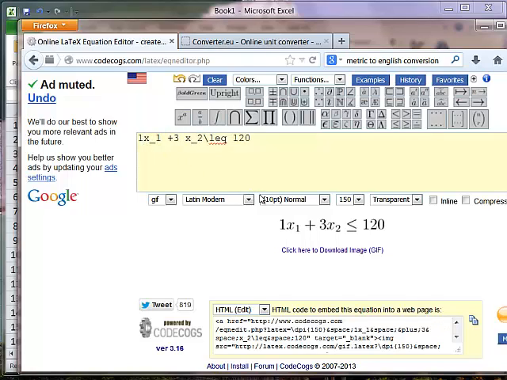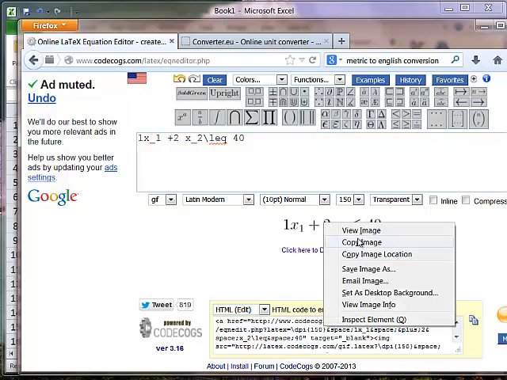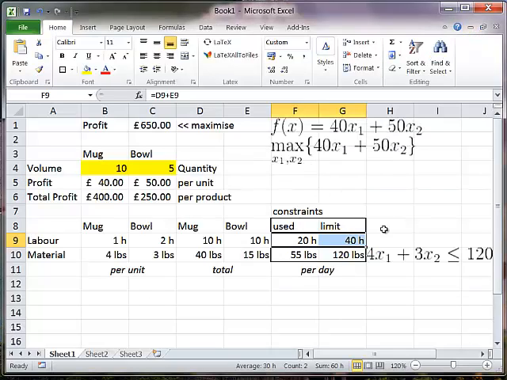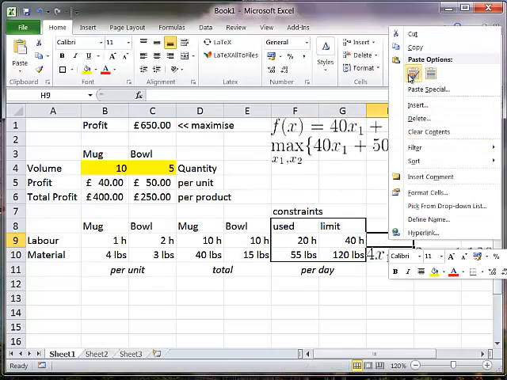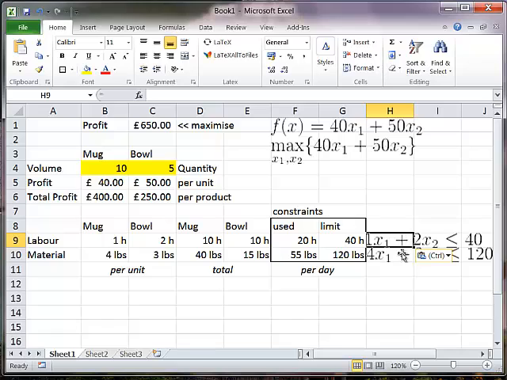So it takes 1 hour for 1 mug and 2 hours for the bowls, and we have got 40 hours. So this is our time constraint. Perfect.